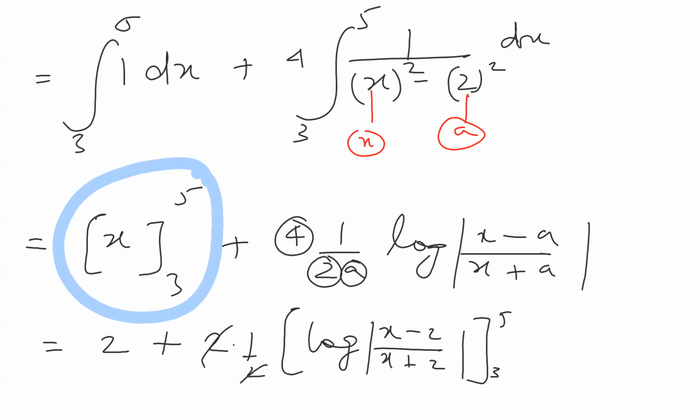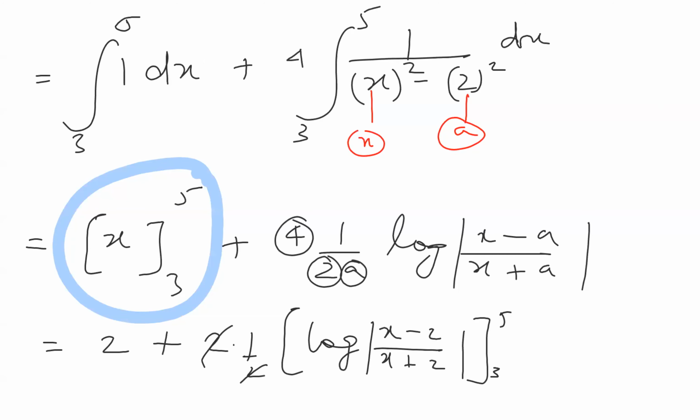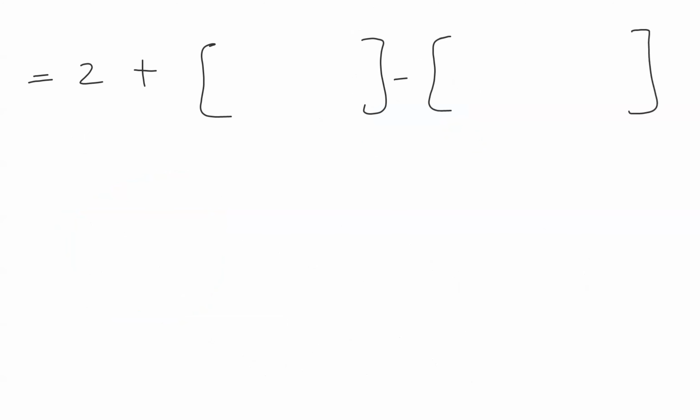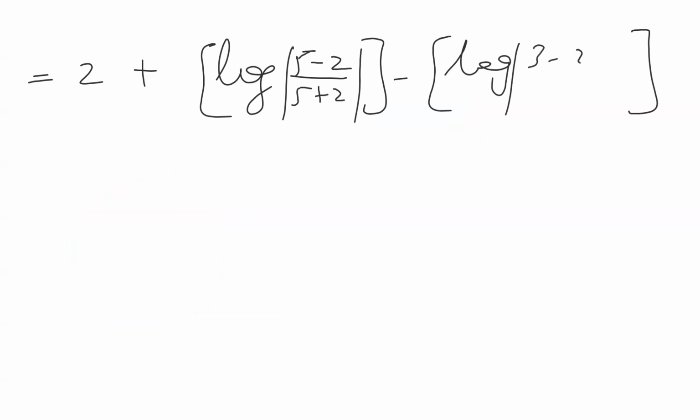So 2 plus, once again there will be box bracket minus box bracket. This 2 will be the separate term. So 2 plus box bracket minus box bracket. Log (5 minus 2) upon (5 plus 2) upon log (3 minus 2) upon (3 plus 2).